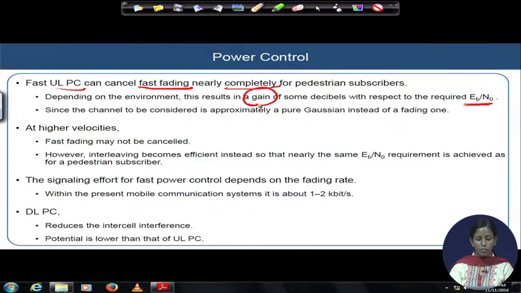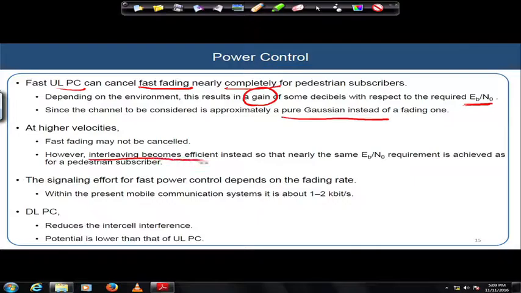And since the channel to be considered is approximately pure Gaussian instead of the fading one, you can approximate it by the pure Gaussian channel instead of the Rayleigh distributed channel. So, what we finally find is that for fast fading cases, the uplink power control can completely remove the effect of the fast fading for the pedestrian speeds.